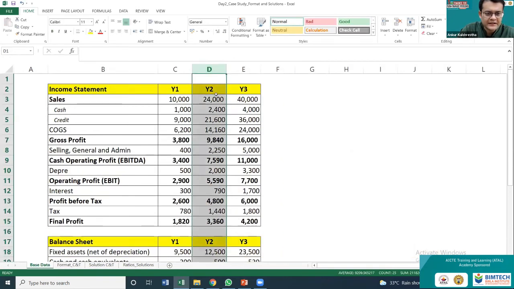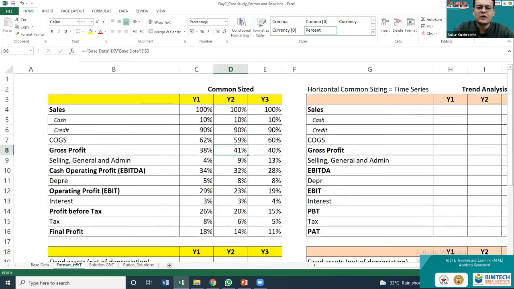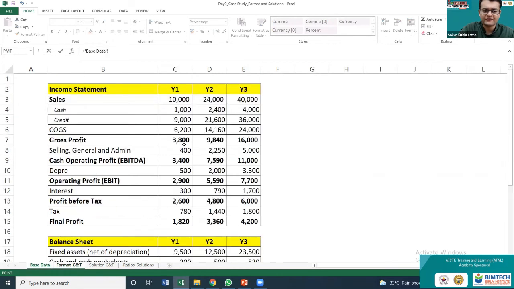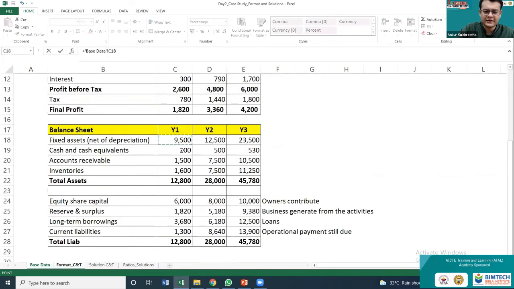Fair enough. So, people, that's how you vertically common size. Everything in the income statement is converted as a percentage of sales. In the balance sheet, everything is converted as a percentage of total assets. So I go to the base data, fixed assets divided by total. That's it.